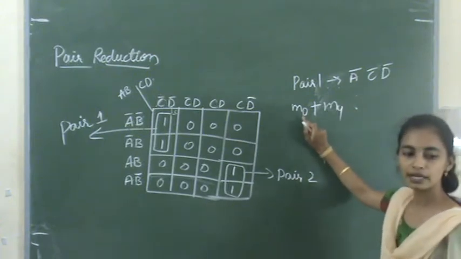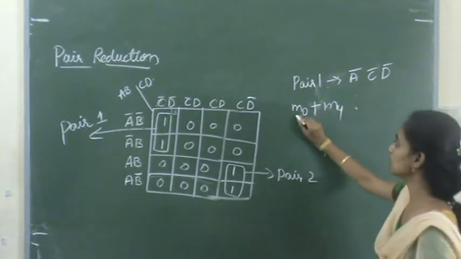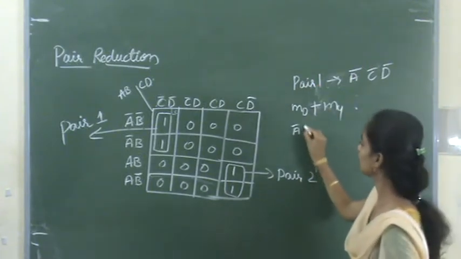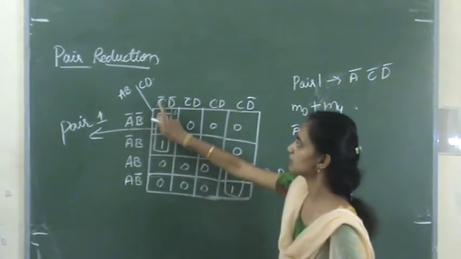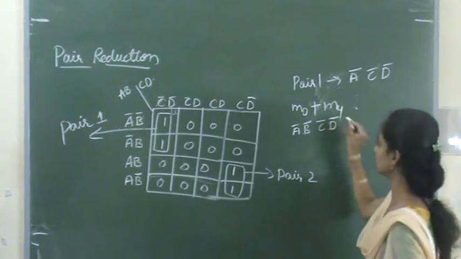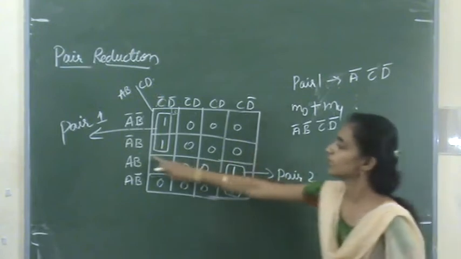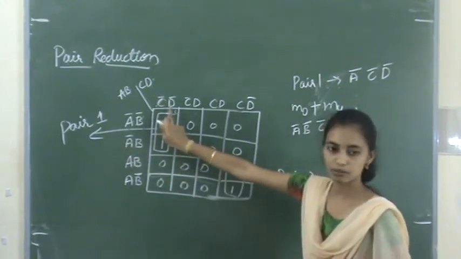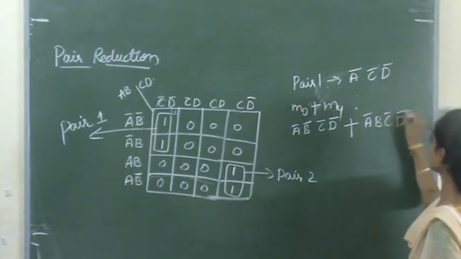I am adding M0 plus M4 for pair 1. So what is M0? A bar, B bar, C bar, D bar. Next, what is M4? A bar, B, C bar, D bar.